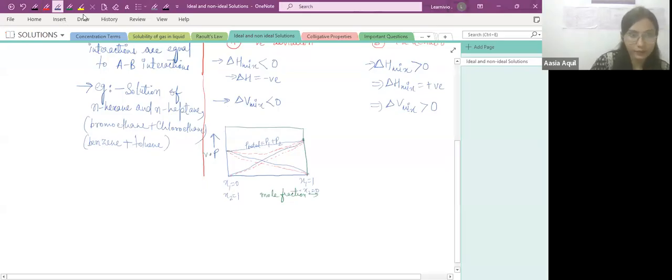This is the graph which shows a negative deviation from Raoult's law, that is for a non-ideal solution.